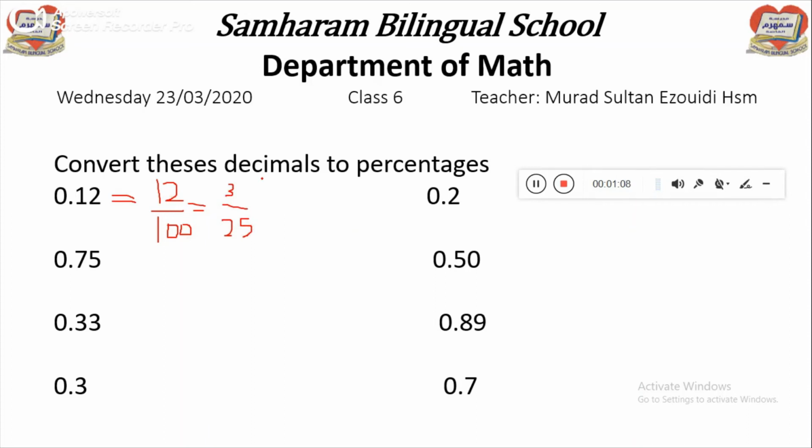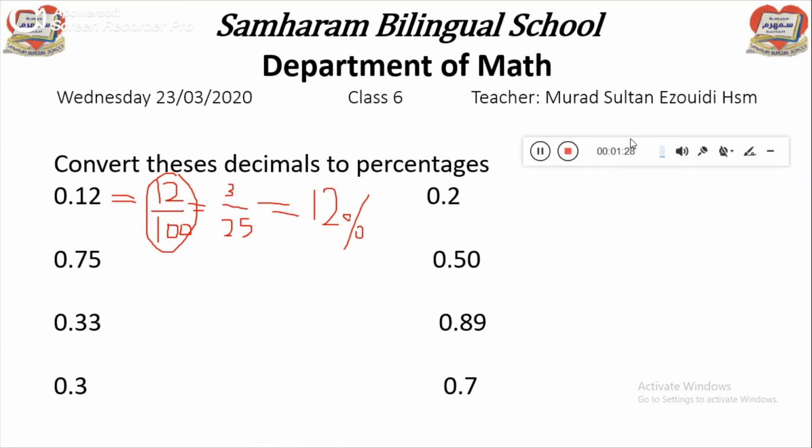Then now we move to percentage. We'll use the first one. So 12 divided by 100 is 12%, my kids. The next one, 0.2, equals what, my kids? It will be 2 divided by 10.